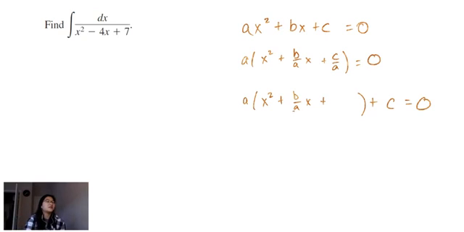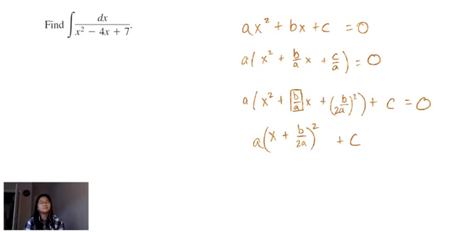And then we want this to be a perfect square trinomial, so we need b over a, we need half of that. And then we need to square it like that. And then we're happy, because then we get x plus b over 2a, and then we square that times a plus c. Yeah, seems about right. Okay, so let's complete the square here.